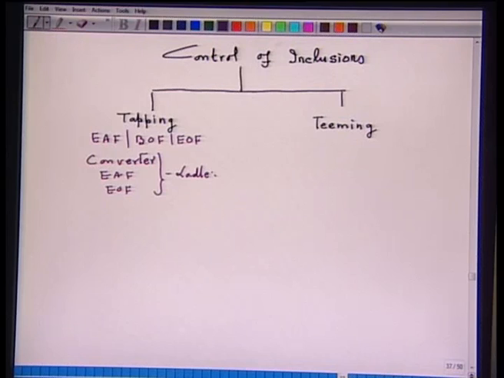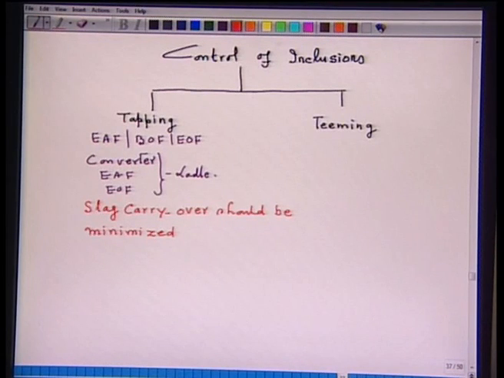What happens during tapping? During tapping, slag carryover should be minimized. Because whether converter or EAF or EOF, whatever the steel unit be, the steel is covered by a slag.